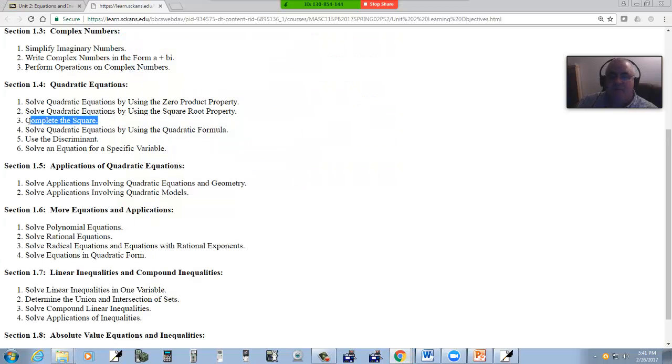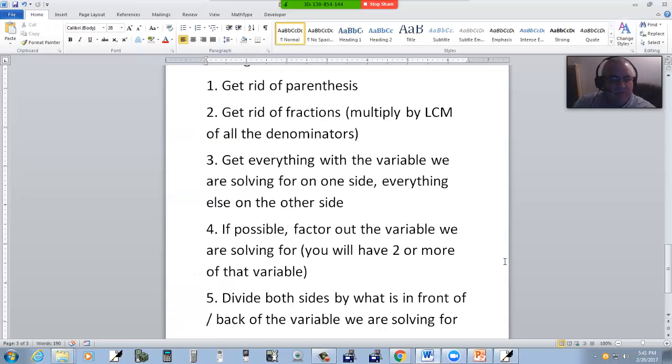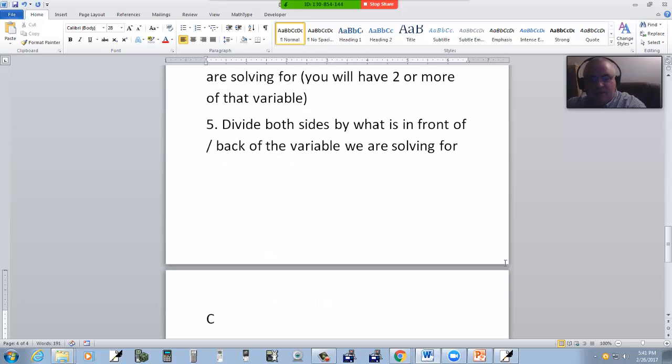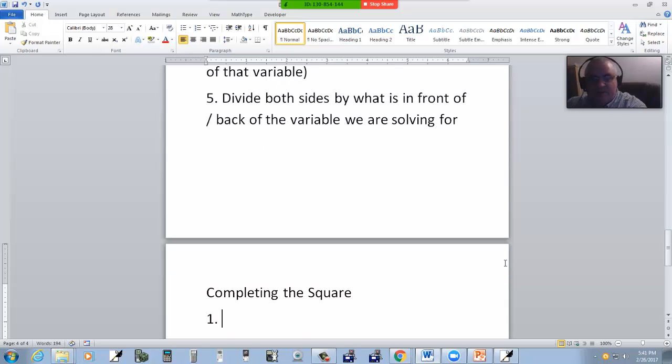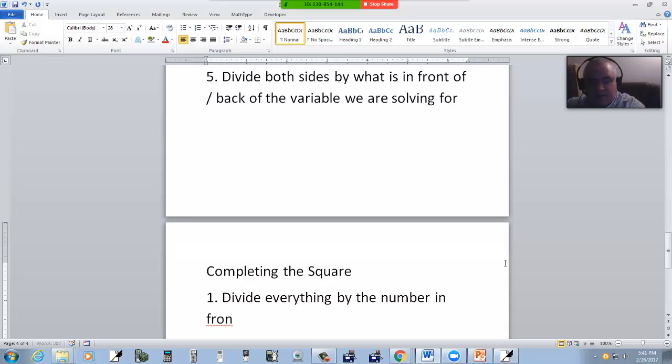We're going to take a look at completing the square now. Step 1, divide all the terms by the number in front of the x squared. That would be called the coefficient.